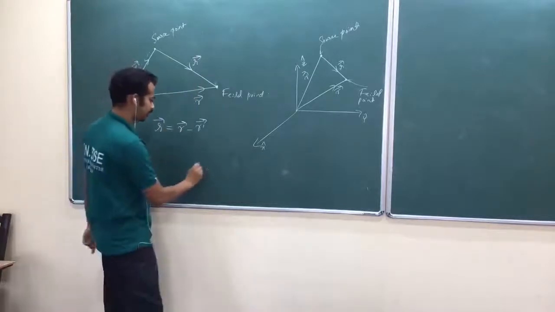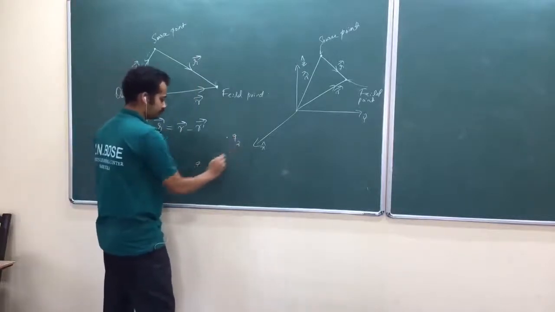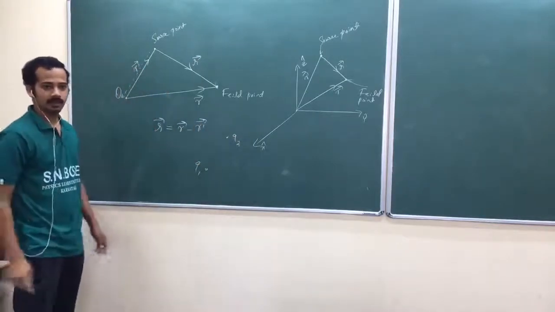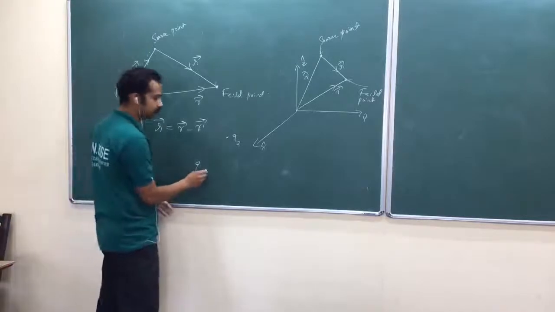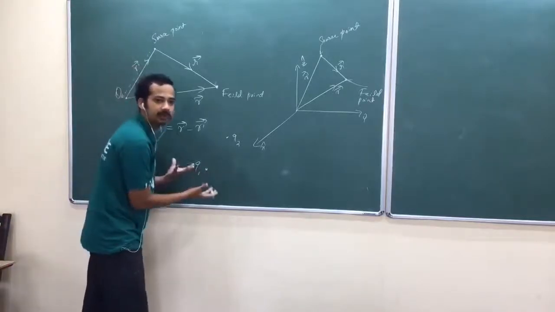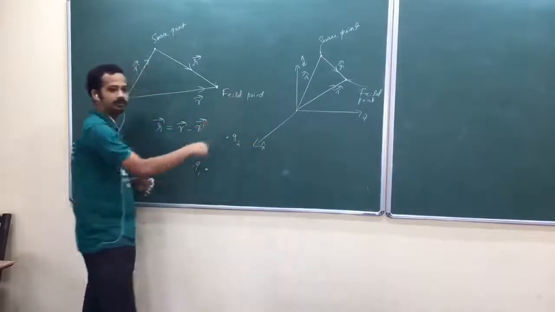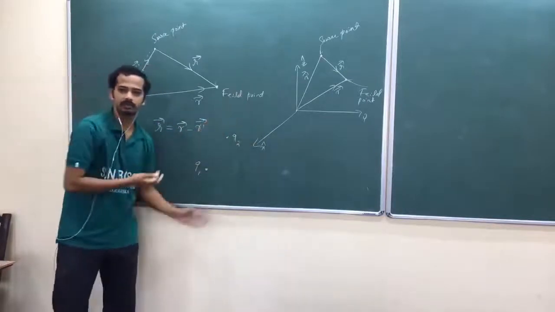Suppose I have charge Q1 here and Q2 here. The ultimate question is how they are communicating. What we explain here is that there is a field generated by Q1. In that field you place Q2, or you can treat it the other way also.